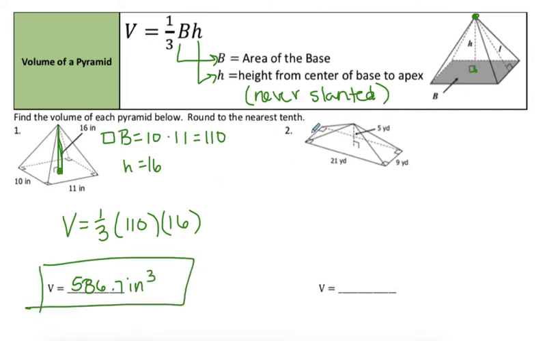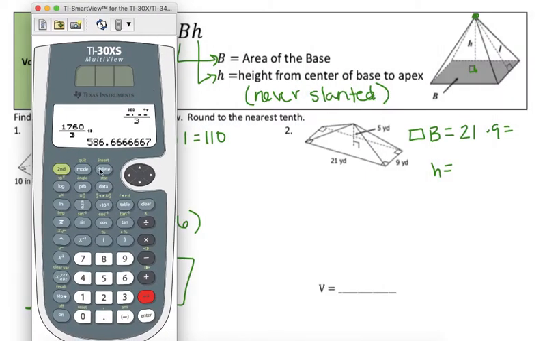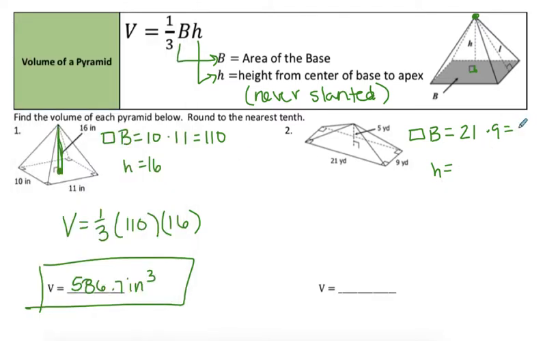On number 2, I'm looking for, again, an area of the base and a height. Area of the base, I have a rectangular base again, so 21 times 9. So in my calculator, let's find the area of the base. 21 times 9, I get 189. And the height here, again, it's going from apex to the center of that base. They're telling me it's 5, so I can go to my formula. 1/3 area of the base times height.